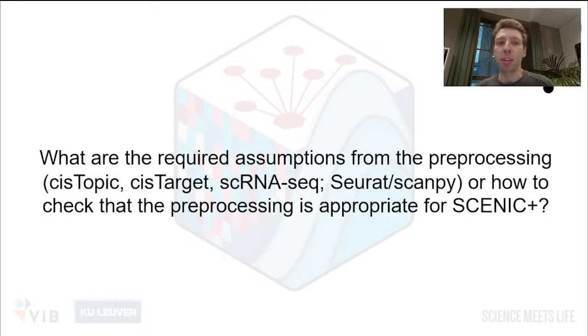So everything starts basically from the motif enrichment results. If those are not nice, if you don't see nice motifs coming up, then the SCENIC Plus output will also not be good. So really check your motif enrichment results. That's the most important.